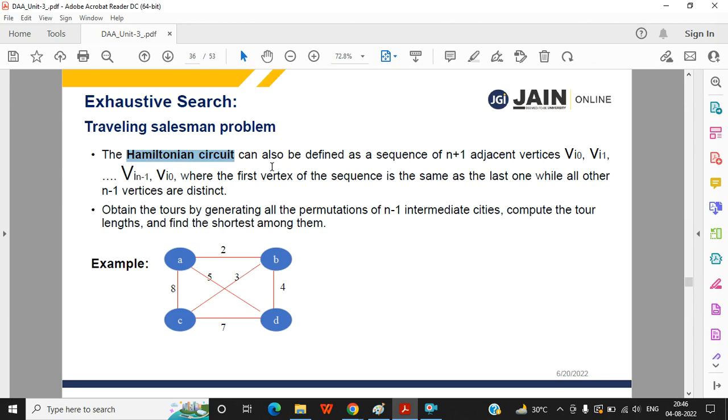We apply the techniques to the problem for getting the solution. So what is the exhaustive search algorithm? Exhaustive means you have to search for a solution. Means you are mad to find a solution. If there is a solution, you take it. You are not thinking about the best solution.